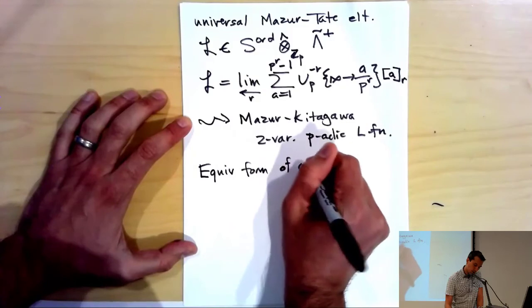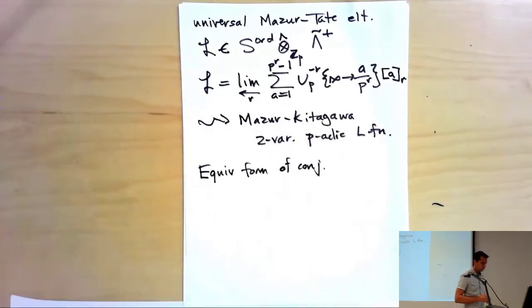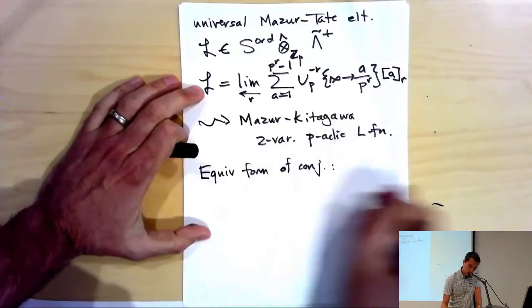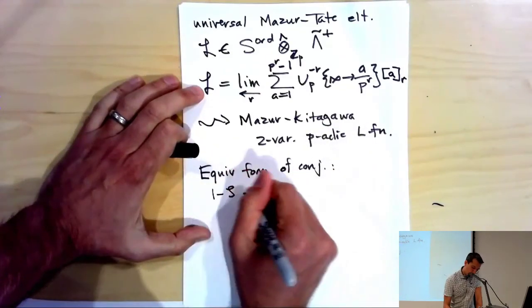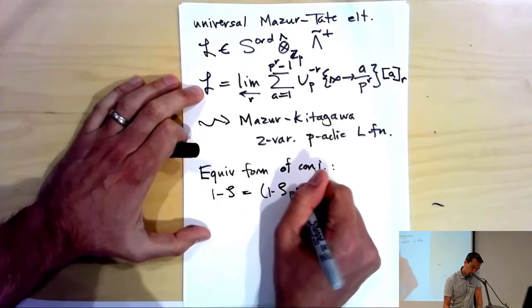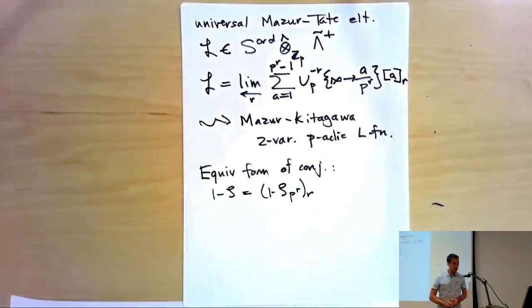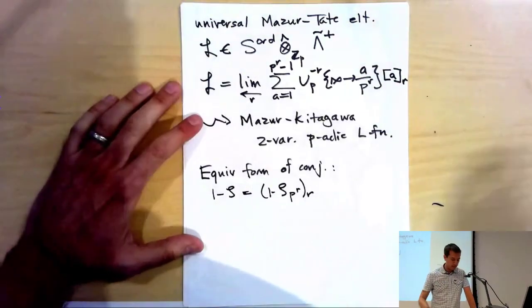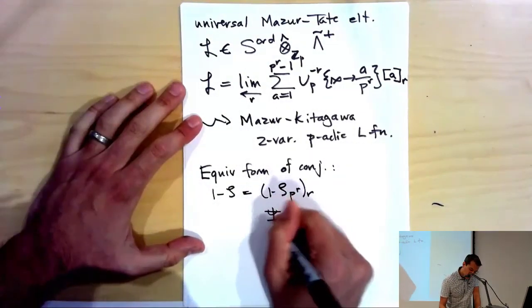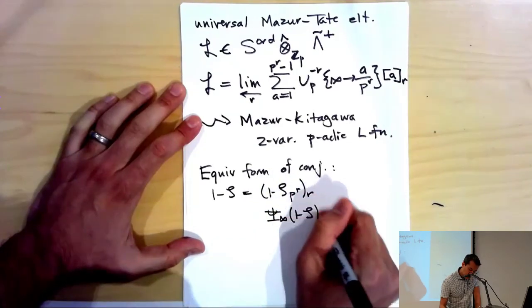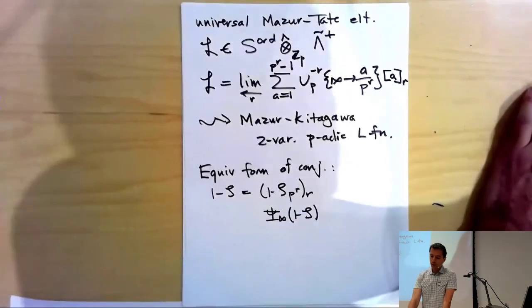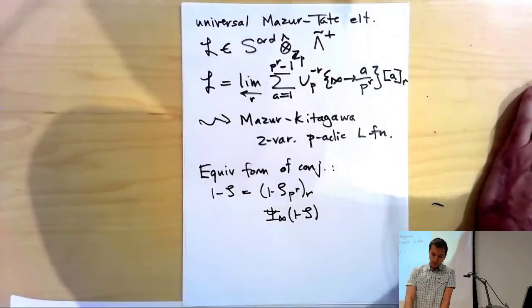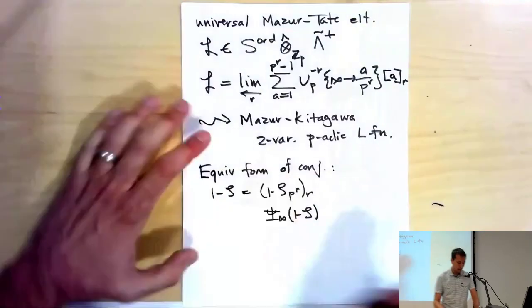So here's the equivalent form of the conjecture. If I take 1 minus zeta as my compatible sequence under norms of 1 minus p-power roots of unity, which lies in C infinity, I can apply my S reciprocity map to it. Then in the group x infinity minus tensor x infinity minus, I can apply upsilon tensor phi to it.